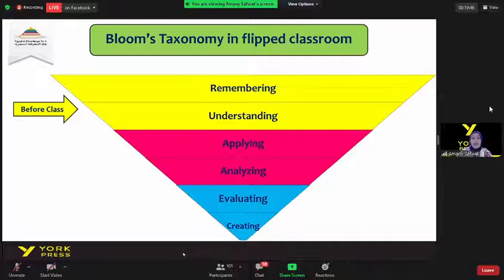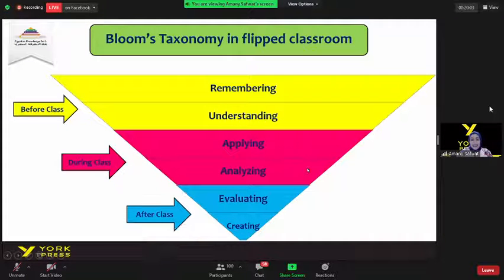And applying and analyzing happens inside the class during the class itself. And evaluating and creating happens or occurs after class.